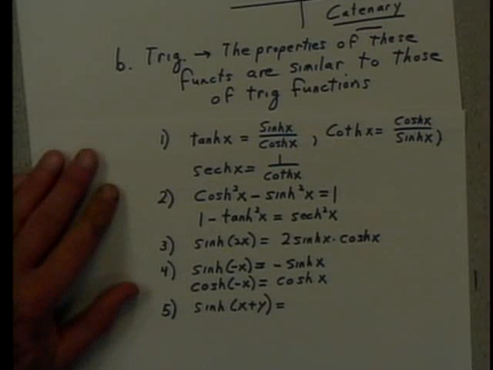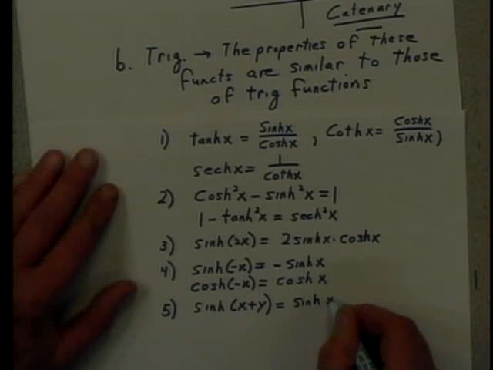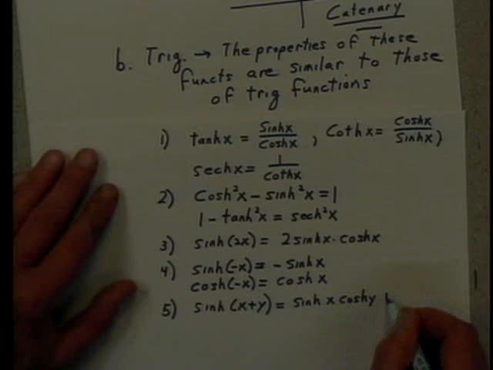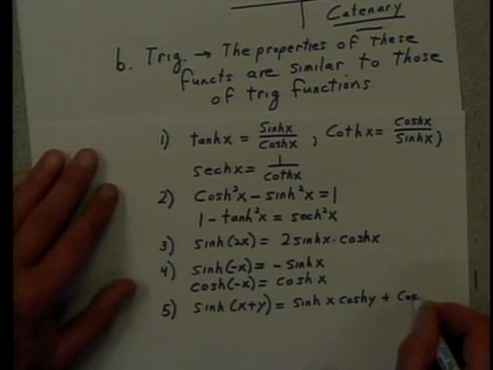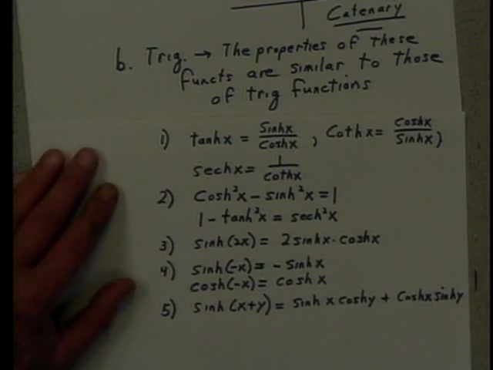You remember how sine of u plus v went? Sine u cosine v... okay, so this is sinh x cosh y. And just like the trig, it's plus cosh x sinh y. Matches the trig perfectly.